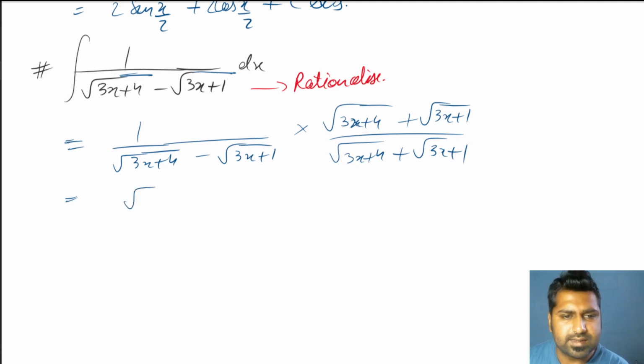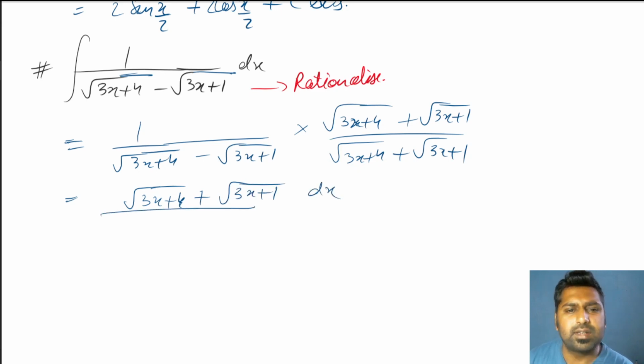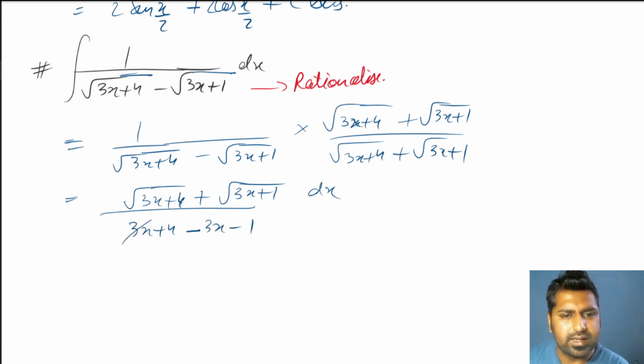So numerator becomes 3x plus 4 minus 3x plus 1, dx. Denominator is a minus b, a plus b. It becomes 3x plus 4 minus 3x minus 1. 3x cancels. You have a constant denominator now. I think after that the integration becomes simple.